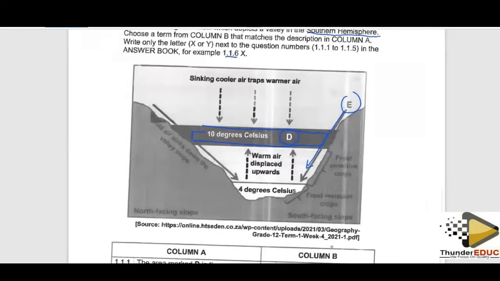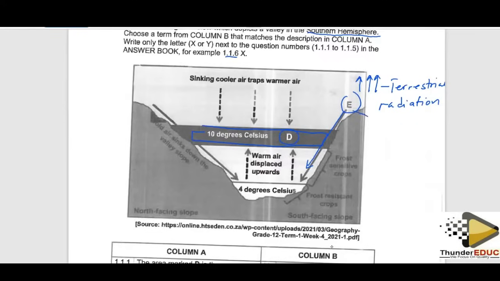Because we know that during the night, the land gives off what we refer to as terrestrial radiation. So due to terrestrial radiation, the land loses the heat and it becomes cold.